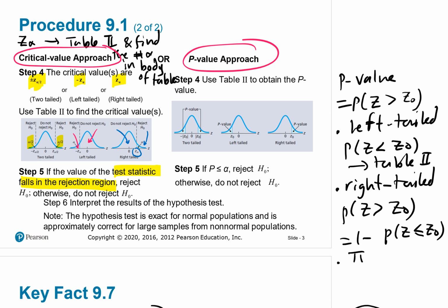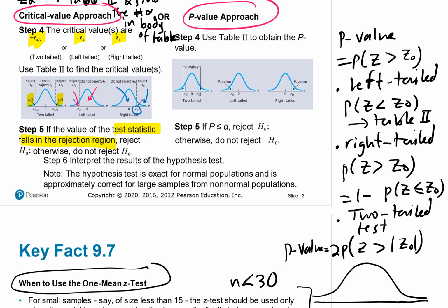If it's a two-tail test, the p-value will be twice the probability that z is bigger than the absolute value of z sub 0. The way we finish this up is 2 times 1 minus the probability that z is less than or equal to z0. And then we use table 2 and get the value from there.